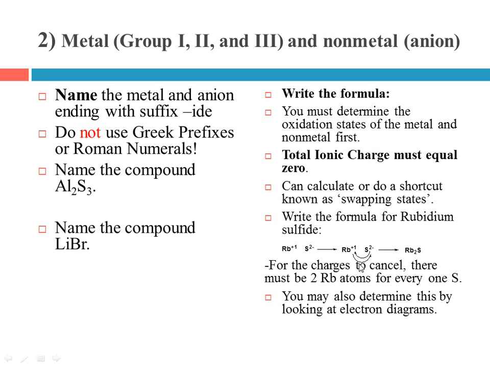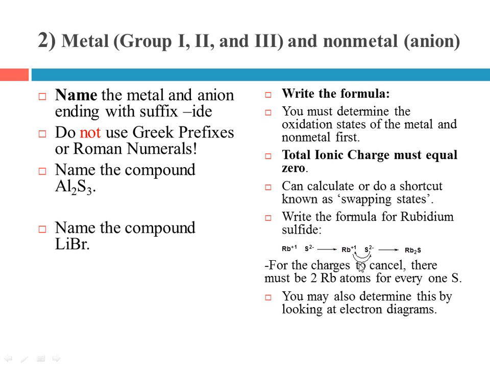Also, don't get confused when we use the words ionic charge, oxidation state, or formal charge. All 3 of those mean the same thing. All 3 of those mean the charge that the metal forms when it loses an electron, or 2 electrons, or however many it loses. So your group 1 all form a +1 charge.